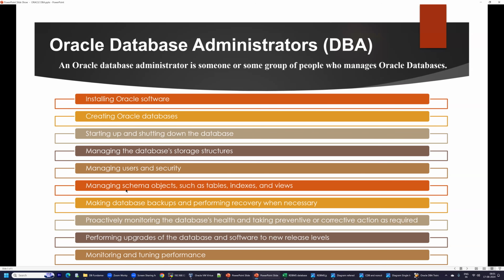And then along with this, schema objects. Schema objects means the tables or the indexes or the views, and there can be other objects as well, like triggers and functions. All these we have to create within the database. Mainly these activities are done by the application developers, but sometimes it is possible that the query will be shared by the application developers and we just have to execute it.